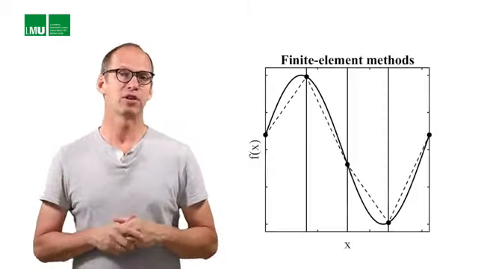The finite element type discretization is yet different in the sense that you're dividing up the spatial domain, as indicated here, into elements. And then inside these elements, you approximate the function with, in this case, linear basis functions.